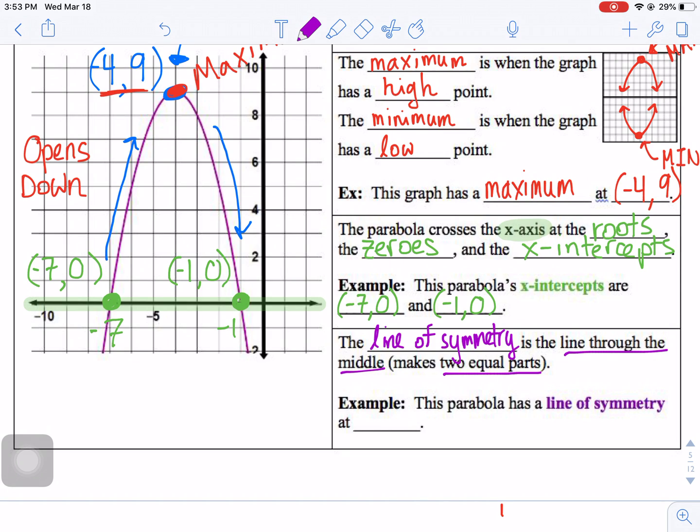For example, if we drew a heart on the bottom right, the line of symmetry would go through the center so that the right part of the heart, if we fold it over this line, would exactly line up with the left side of the heart.